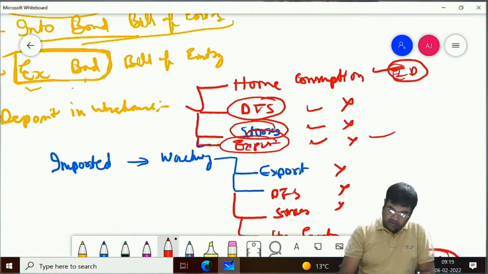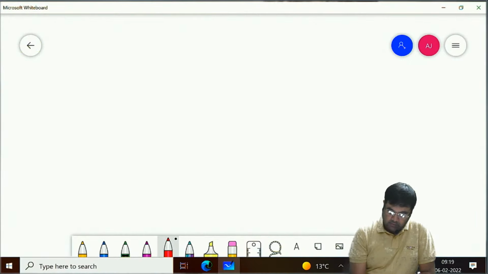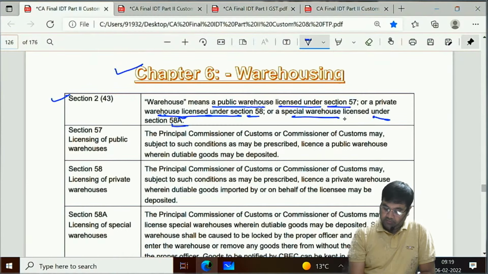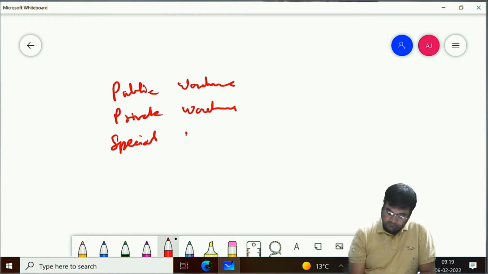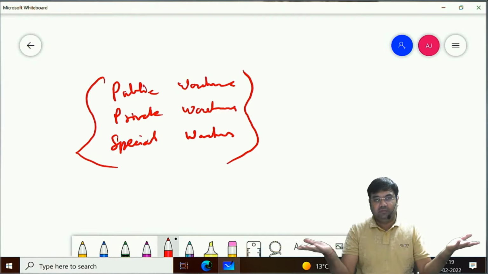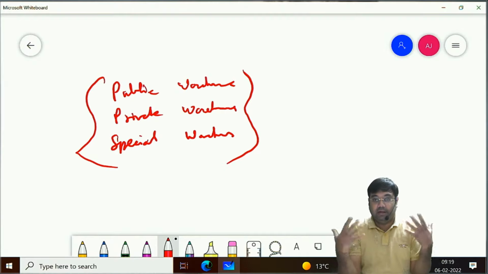So there are three types of warehouse: public warehouse, private warehouse, and special warehouse. Okay, so three types of warehouse: public warehouse, public property; private warehouse, private.